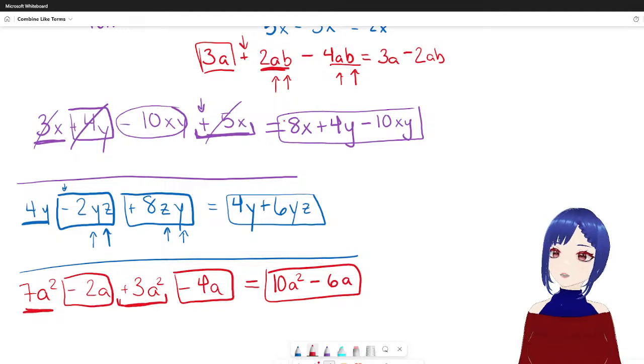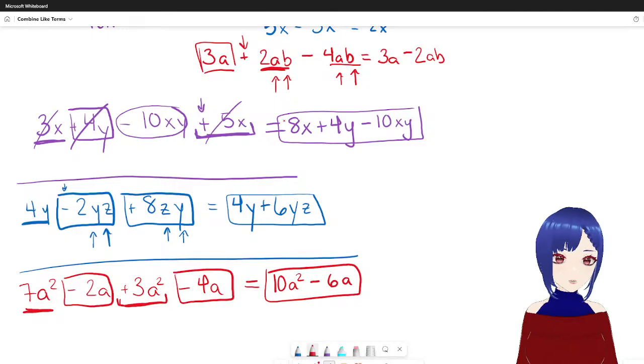Alright. So there's 3 examples. So the next thing I want to do, I mentioned this earlier, I want to also take some time to meet my time frame. Have a little while still. I want to talk about how these like terms also relate to fractions.